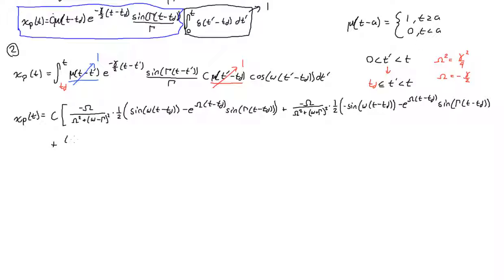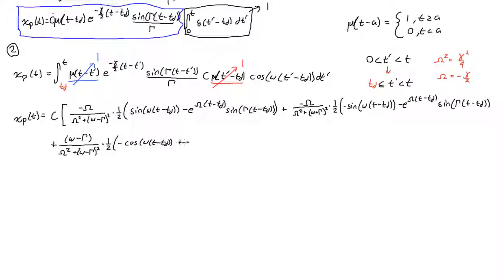So then that will be omega minus gamma, and we're going to have big omega squared, and then plus little omega minus gamma squared. We're also going to have a times 1/2 here. And this one will be minus cosine omega t minus t sub d.